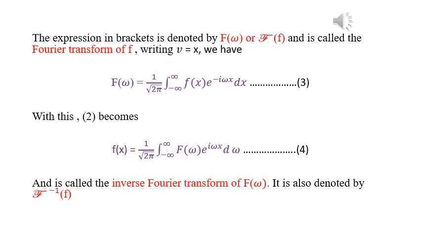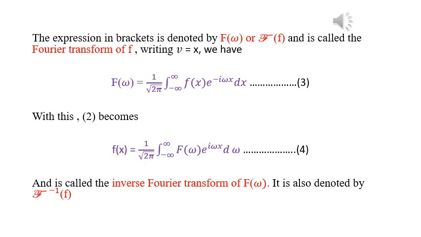So in our previous slide, we have seen the two integrals. The integral inside can be given x instead of v. There we can write v is equal to x, and we will get a formula like this, that is 1 by root 2 pi integral minus infinity to infinity f of x e raised to minus i omega x dx. And this is known as the Fourier transform.